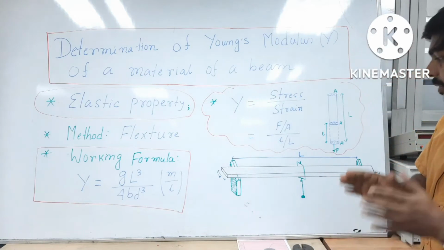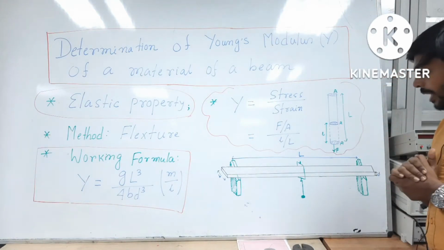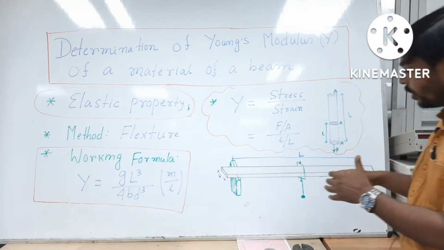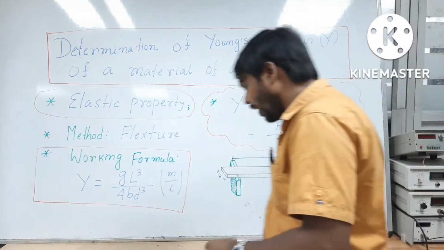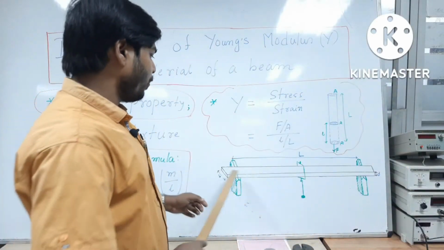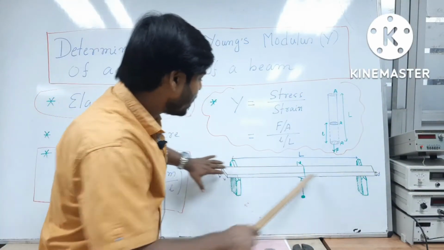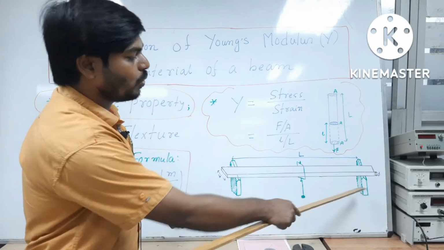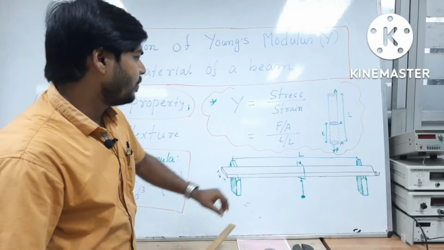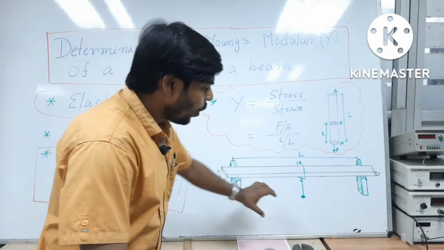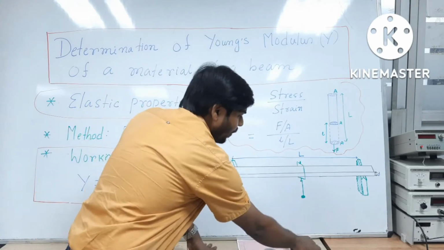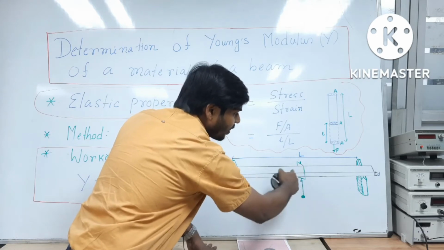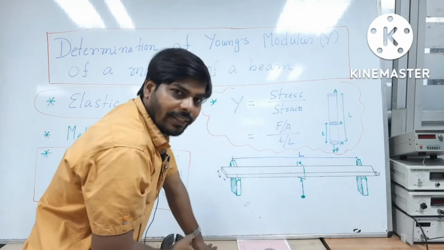So for that, I would like to request you, please go through a little bit about this experimental part. What we will do? Actually, this beam is placed, as we have stated, in between these two knife edges, and there one load is placed through this hanger, and this hanger is placed at the middle of this effective length.